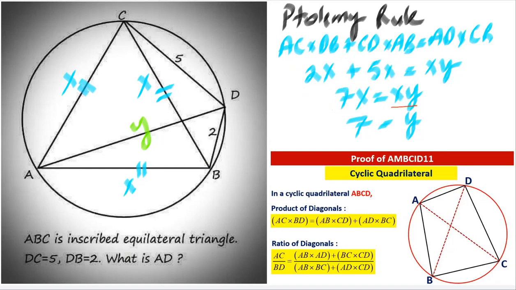If 7X equals XY, X is canceled, Y comes 7. So as you see, the question is easy as long as you know the rule. Otherwise, it will be really hard. So here, since it is equilateral, it makes it also easier because all sides are equal, X, X, X. So for other triangles, it may be a little bit harder.